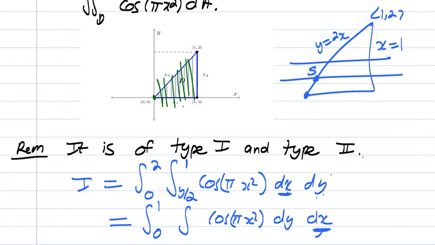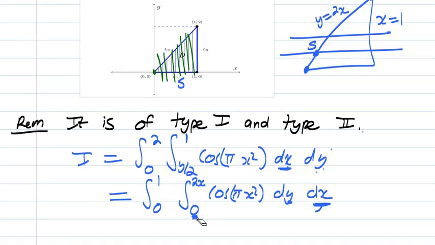So if we make slices, where do we start? So the y value starts at 0. And where does the y value end? The y value ends on that curve, which is given by y ends at 2x. So this must be in terms of x, and this must be in terms of x. So we have two choices. So any one of the two iterated integrals we have to calculate.